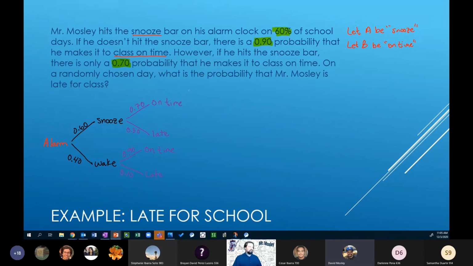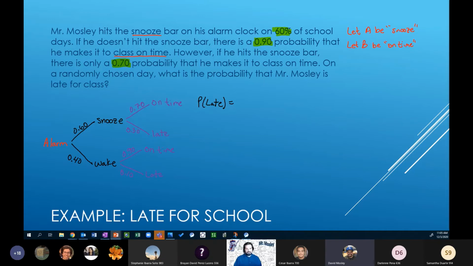Now the question I'm answering is, what is the probability that Mr. Mosley is late? So let's look. The probability that I'm late. There are two routes through the tree that result in me being late.